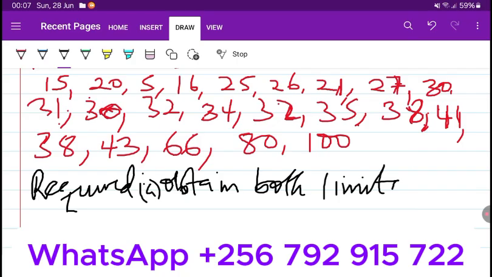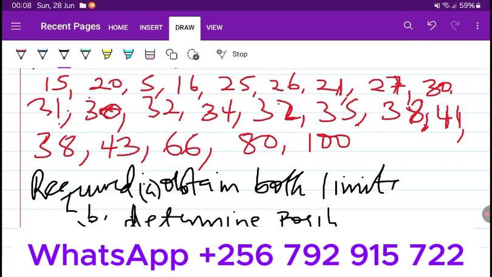This is part A. Part B, they want us to determine possible outliers, and then part C, they want us to draw a box plot. So that's the question that we have.